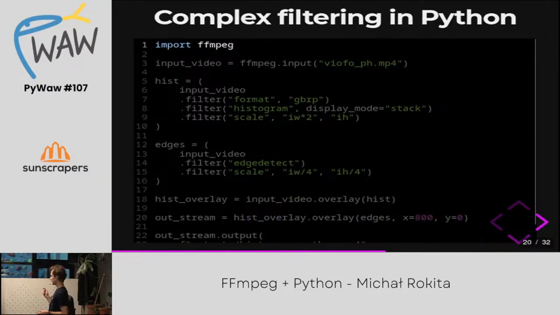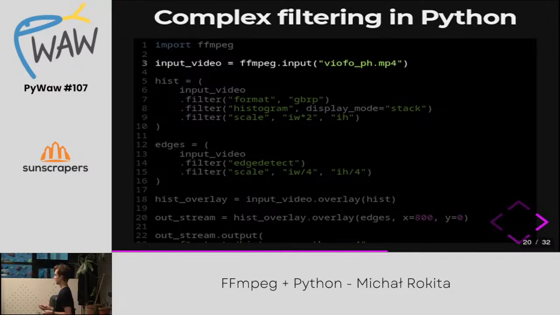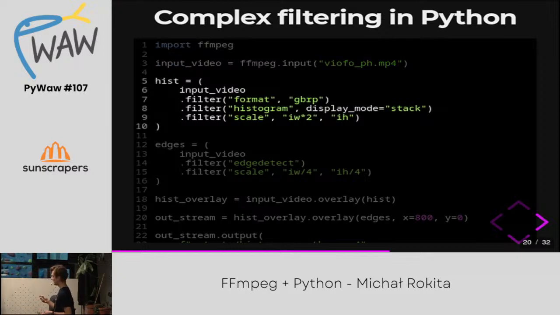So, how to do the very same thing we did with FFmpeg CLI in Python. First, we import the FFmpeg module. Then we declare that our input video will be this MP4 file. Then we build our histogram stream definition here.